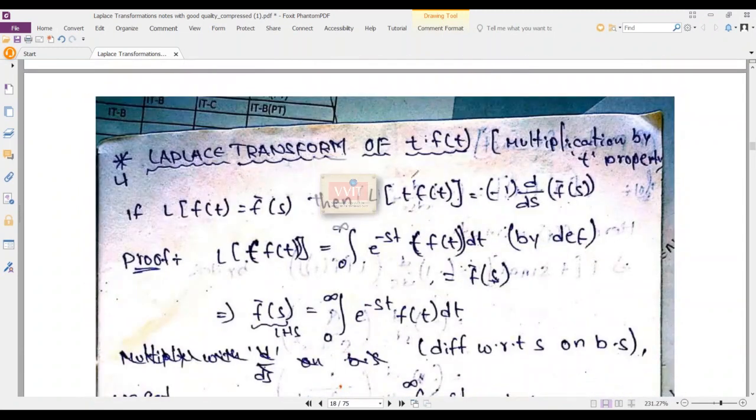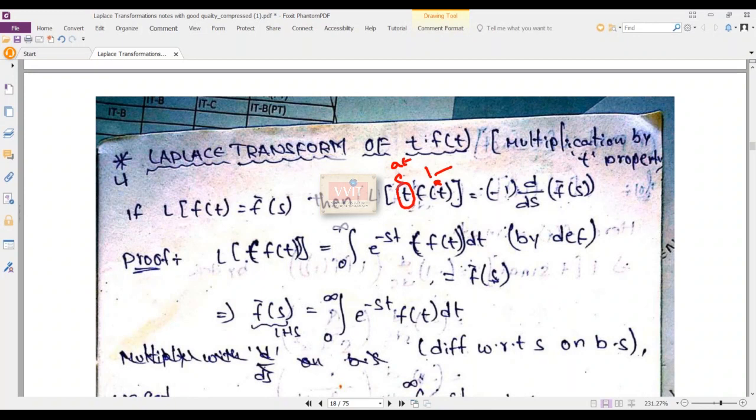Now coming to multiple of t. Till now a was multiplied, and we handled separate functions, in place of t, e power at. So these are the things that we tried.